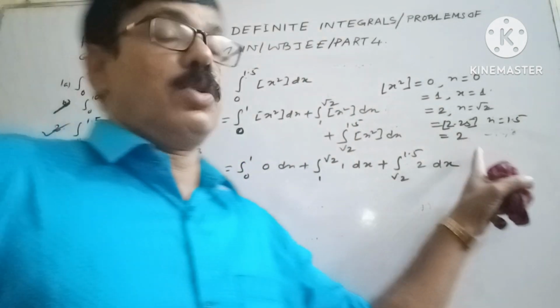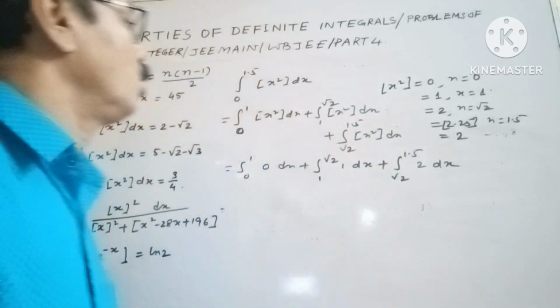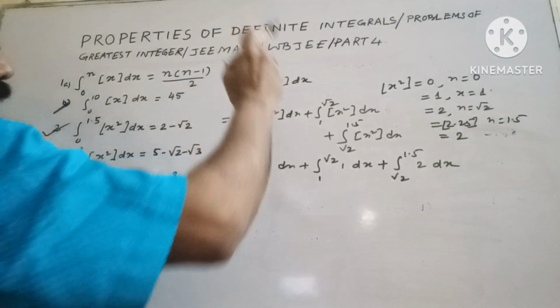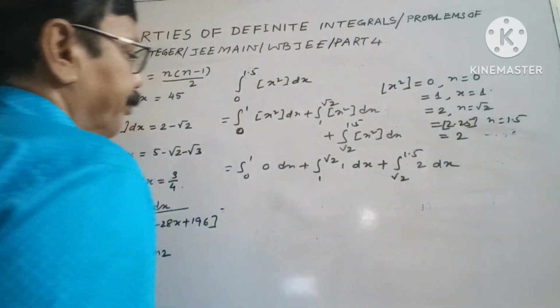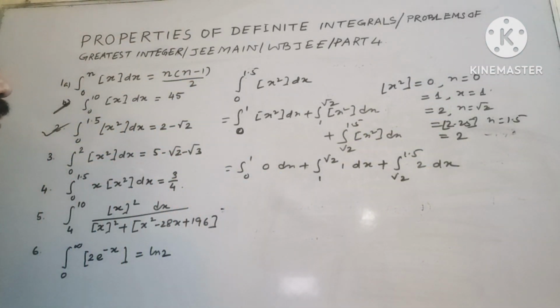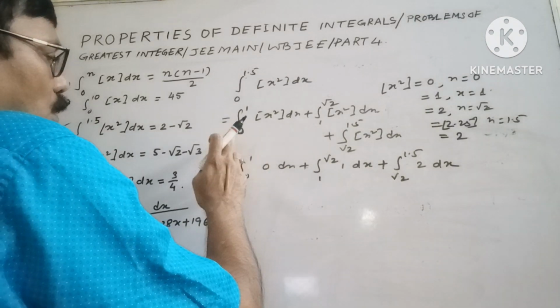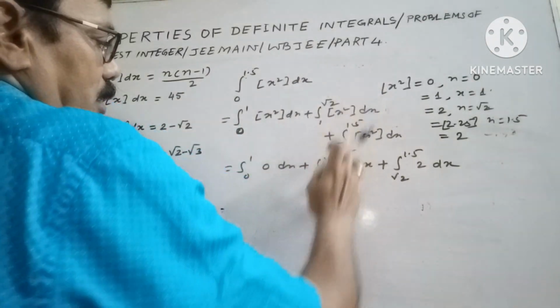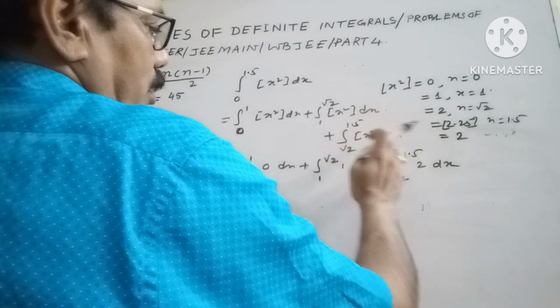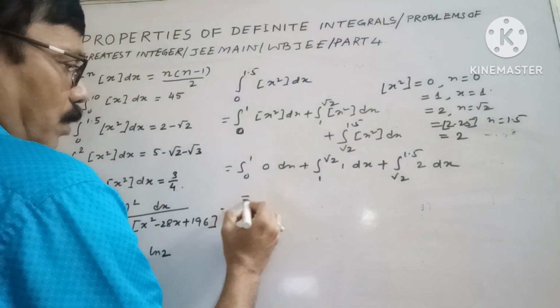Then root 2 to root 3, but root 3 is greater than 1.5, so you stop here, root 2 to 1.5. Then the values: 0 square is 0, 1 square is 1, root 2 square is 2. Now simplify it.